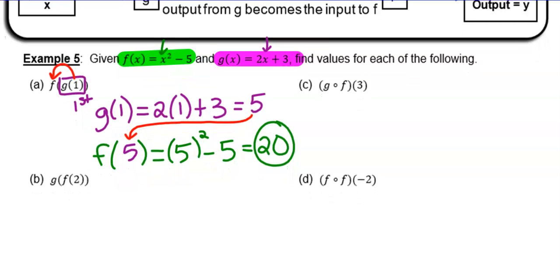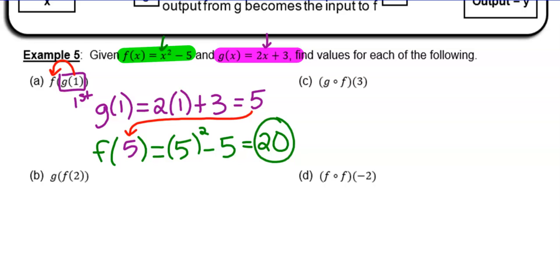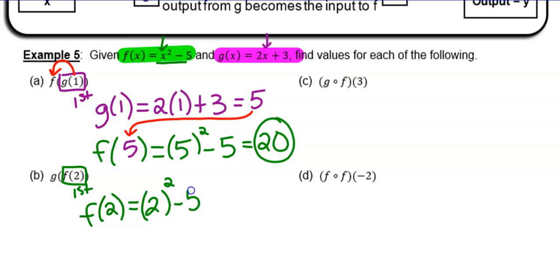Okay, B. So g of f of 2 means same two functions, but this time you're going to start with the f of 2 first, because that's the closest to the number. So f of 2, we're going to do 2 squared minus 5, because that's the f function, and you're going to get negative 1.